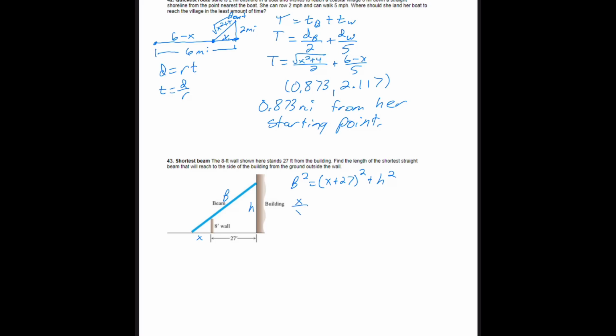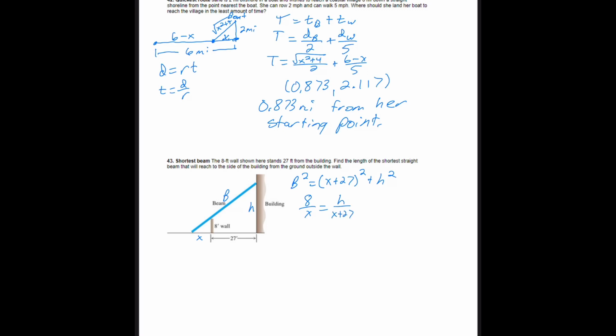Now, where similar triangles come in is we have to remember that the ratio of corresponding sides of similar triangles are equal to each other. Actually, let's do it the other way around.